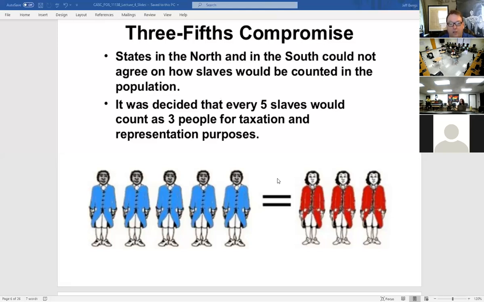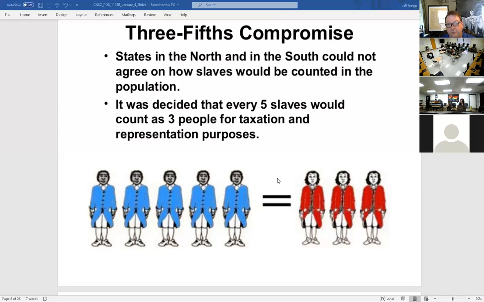You will recall that one of the first things that the convention did was they said, forget revising the Articles. We're just going to throw them away completely and draft a whole new constitution, which they did. But then the delegates did another thing where they ignored the Congress under the Articles of Confederation.